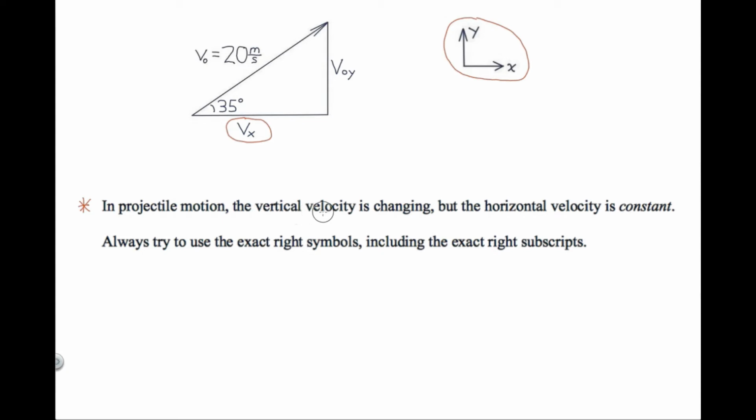The vertical velocity is changing, so we must continue to use the symbol v sub 0y to indicate that this component represents the vertical velocity only at time 0. Always try to use the exact right symbols, including the exact right subscripts.